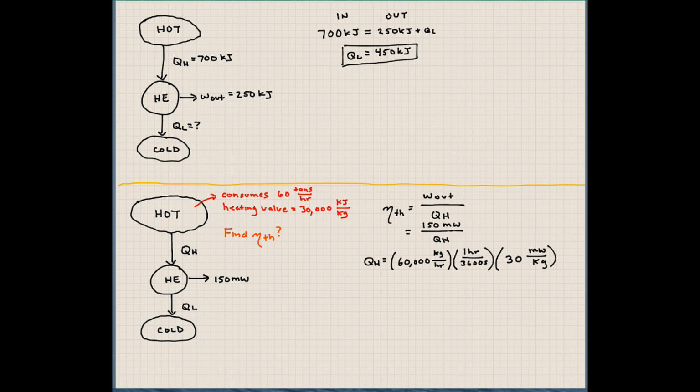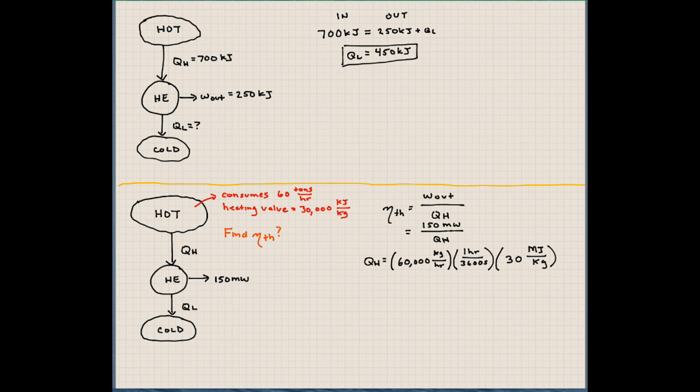Now notice I converted 30,000 kilojoules. I'm sorry, this should be 30 megajoules per kilogram, I've divided this kilojoules per kilogram by 1,000. I'm thinking one step ahead, I think, here.